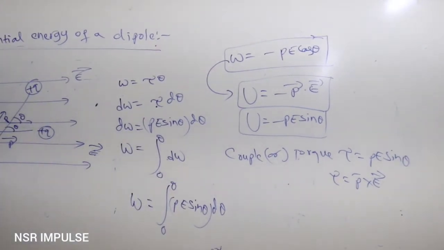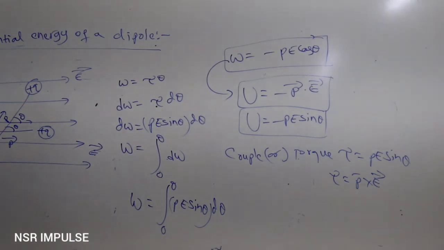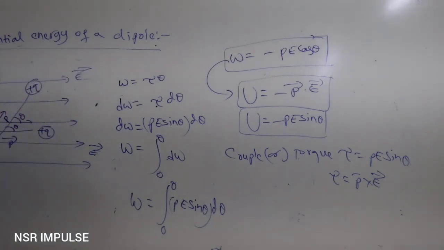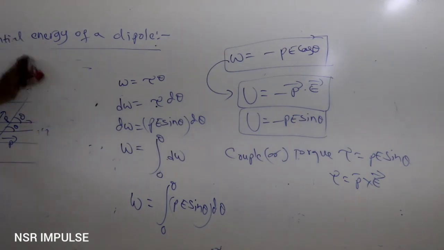This is about the couple or torque discussion. Potential energy is minus P bar dot E bar, torque is equal to P bar cross E bar.